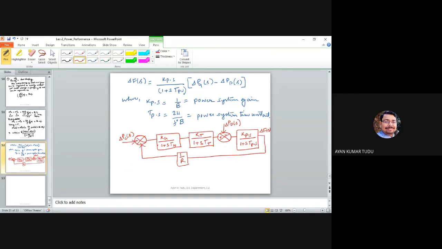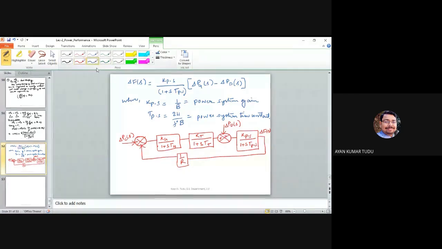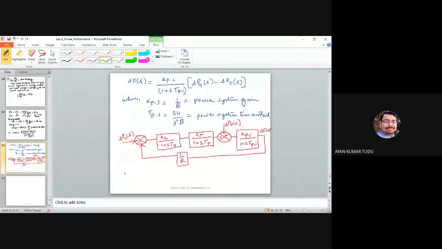So this is the complete block diagram representation of an isolated power system.